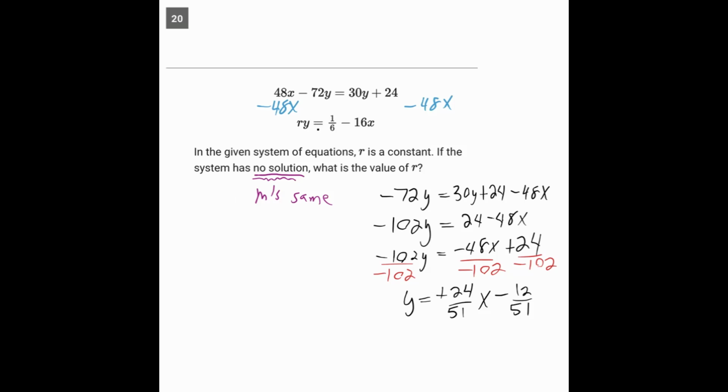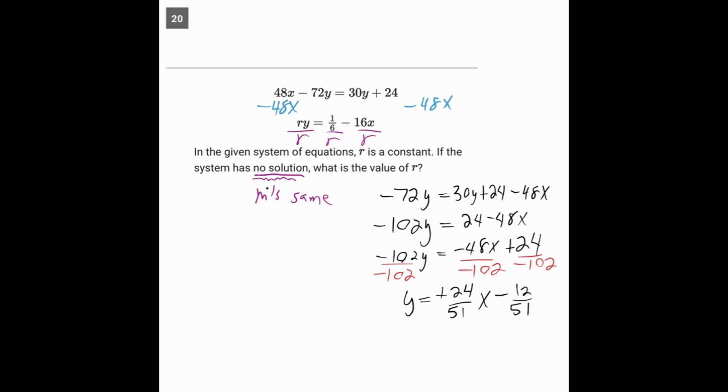Now let's do the same thing for the bottom equation. That one's a little easier because all we have to do there is divide by r throughout. Dividing by r is really the same as multiplying by 1 over r. And that little tidbit comes in very handy sometimes.